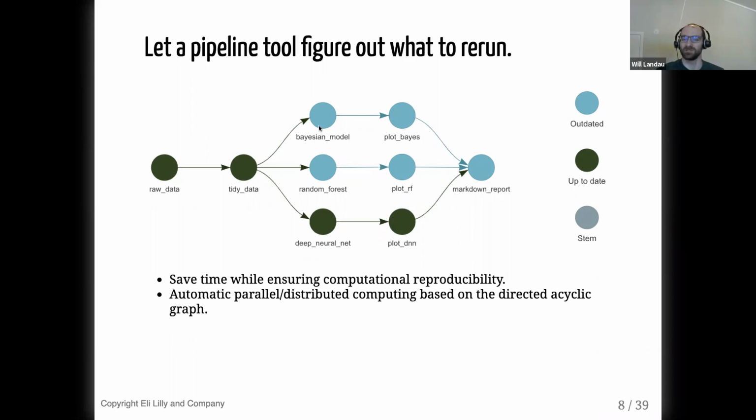And then if you choose to run this with parallel computing, it can actually run these two components of the graph in parallel. So the time savings of skipping certain things and the parallel orchestration in a high performance computing sense are major benefits of pipeline tools in general.